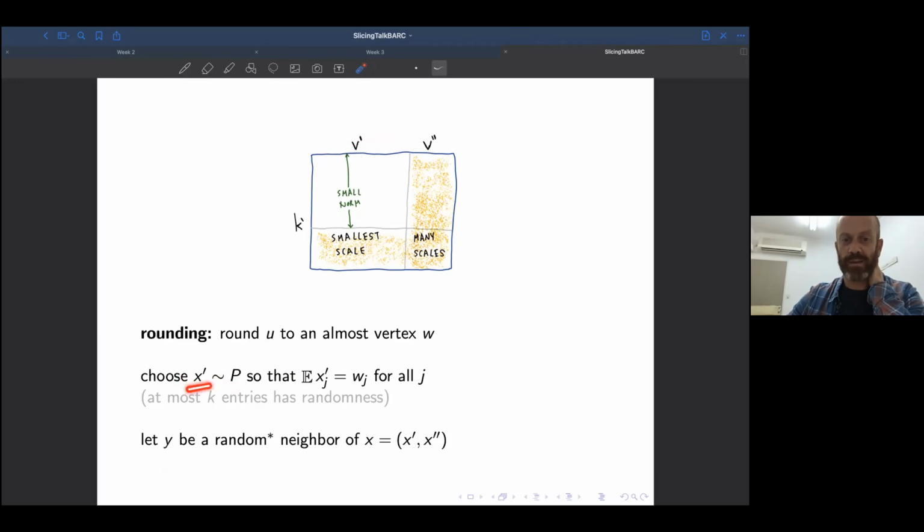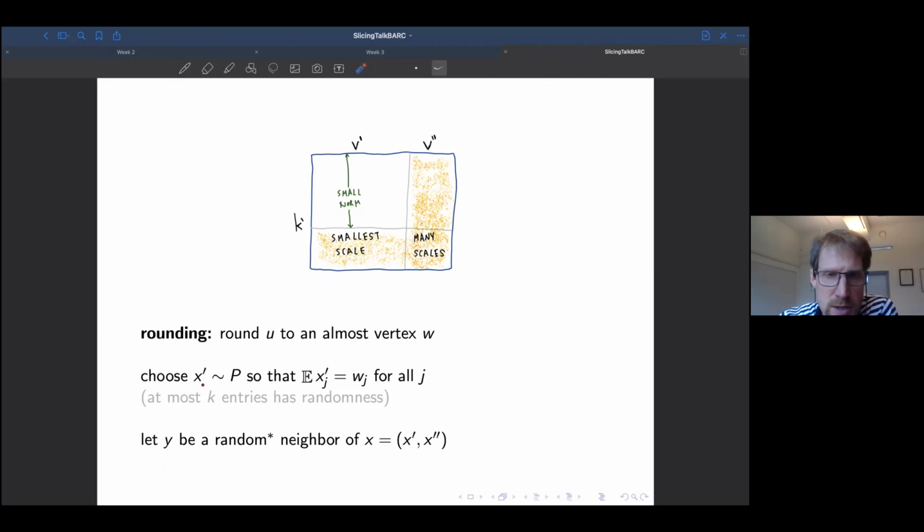The expectation of x prime is W. We want to round W to a vertex, so we choose a vertex with a distribution whose expectation is W. This is the way we take an almost vertex W and randomly round it to an actual vertex, x prime.